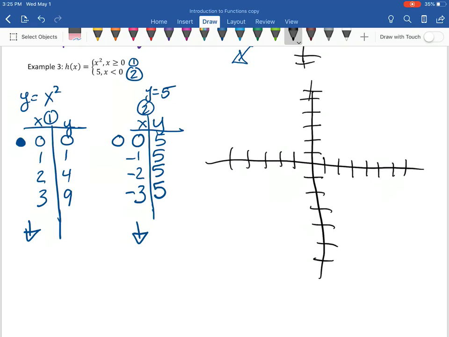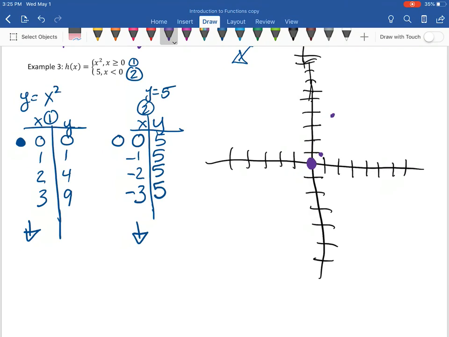Let's see. The first thing I'm going to graph is on piece number 1, I'm going to plot the point 0, 0 with a closed-in circle because we're including that point. Then I'm going to plot the points 1, 1, 2, 4, and then 3, 9. I've got to go up a few more spots here. 1, 2, 3, 4, 5, 6, 7, 8, 9.